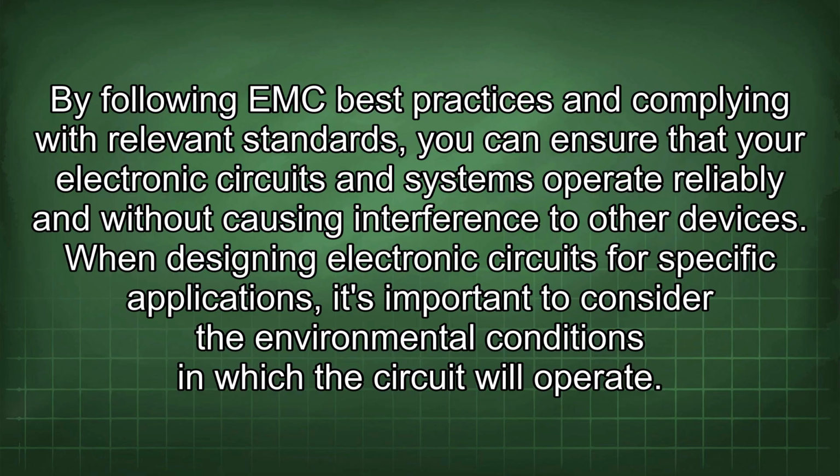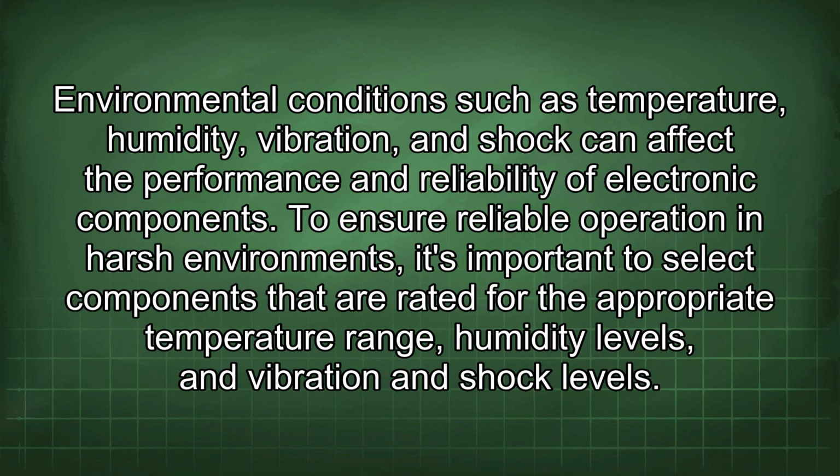When designing electronic circuits for specific applications, it's important to consider the environmental conditions in which the circuit will operate. Environmental conditions such as temperature, humidity, vibration, and shock can affect the performance and reliability of electronic components. To ensure reliable operation in harsh environments, it's important to select components that are rated for the appropriate temperature range, humidity levels, and vibration and shock levels.